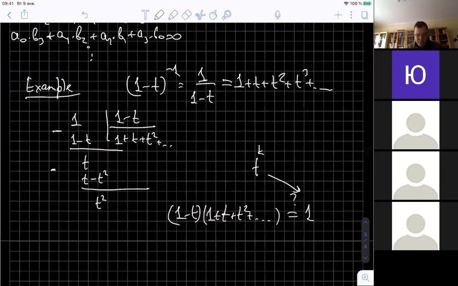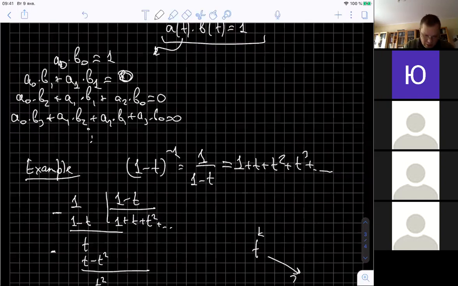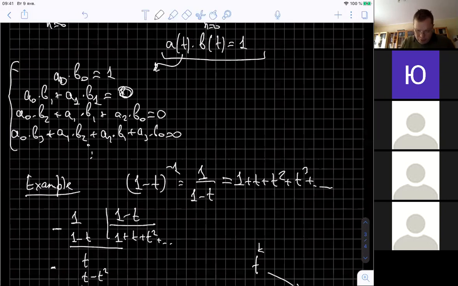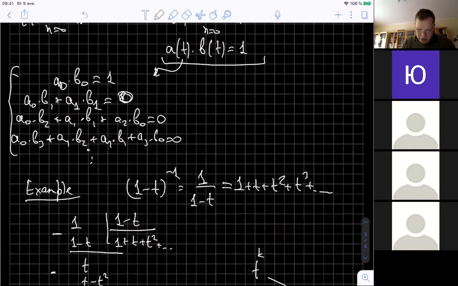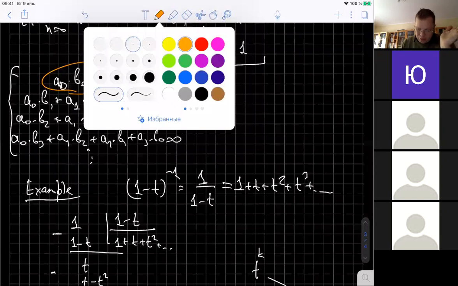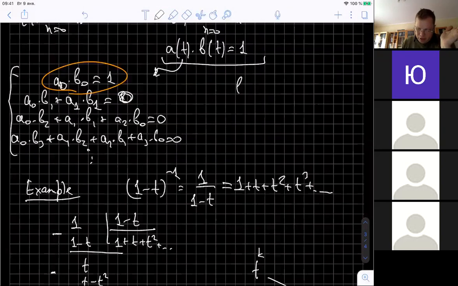But if we return to this system, there is one crucial point where it cannot be done. Here we have the first equation, and we want to find b0. For an arbitrary formal power series a of t, we want to find the inverse, so first we need to find b0. b0 should be equal to 1 over a0.